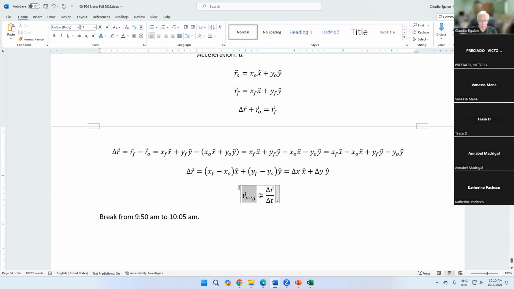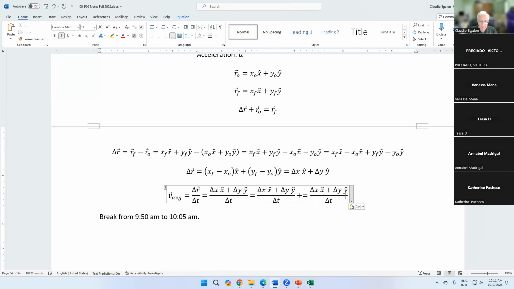And then we have the average velocity vector, which is going to be something like that. There is a nice relation here.